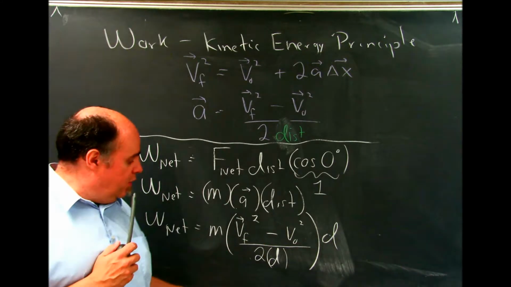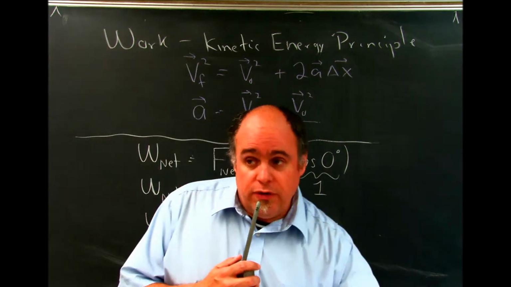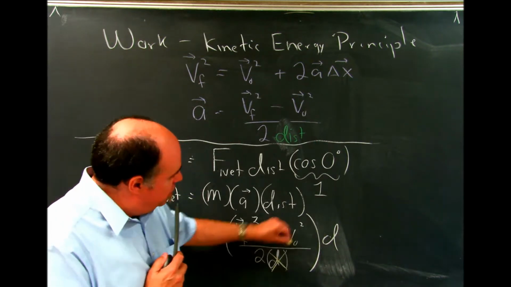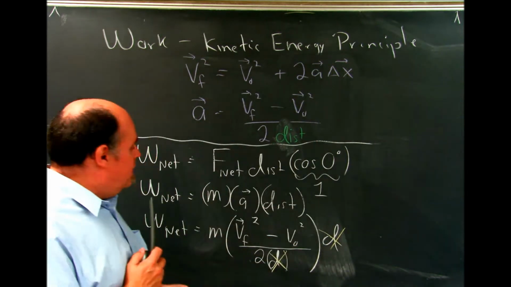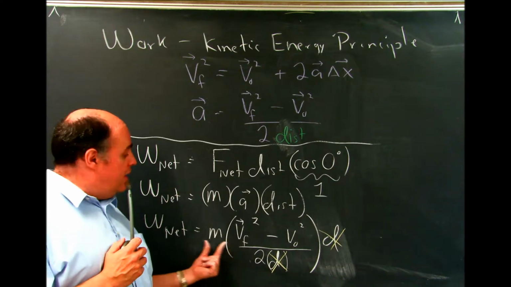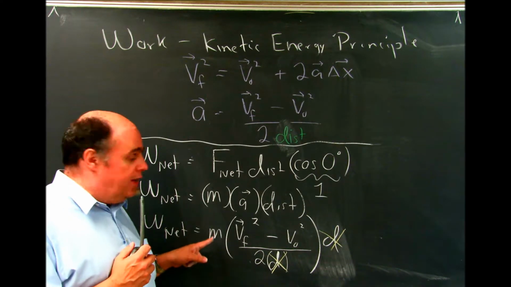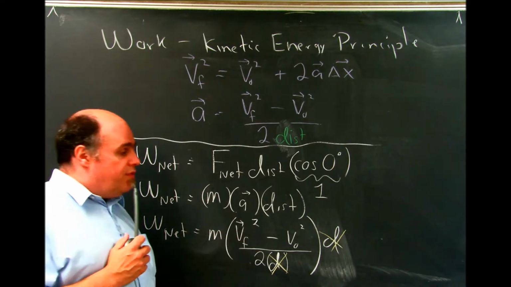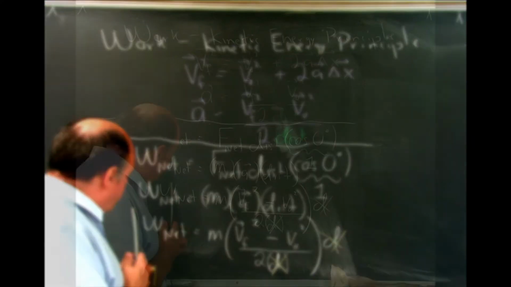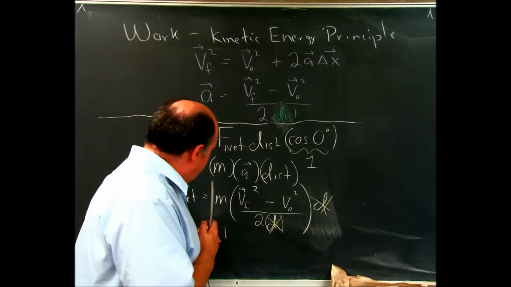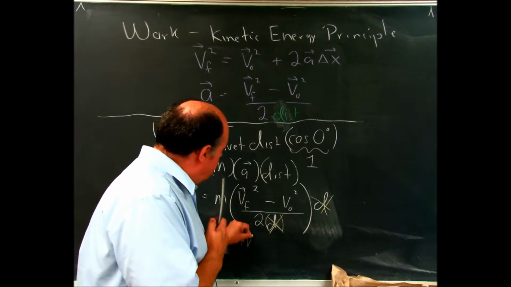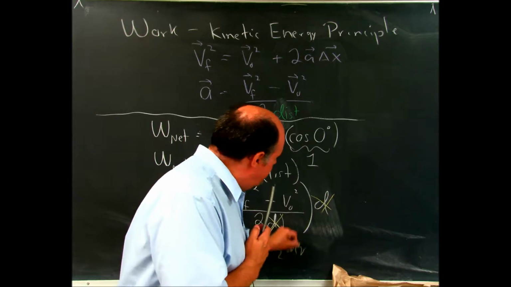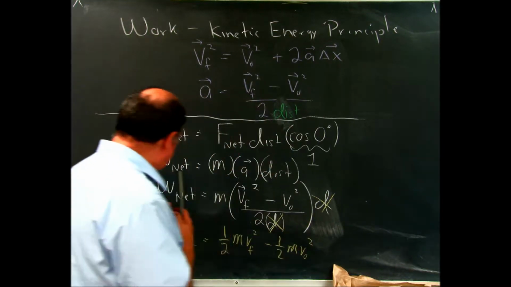As you can see here, hopefully, the distance cancels out. So we have a d in the numerator and a d in the denominator, so that distance will cancel out. If we use the distributive property and multiply the m in, and then separate it into 2 different fractions, what you'll see is the net work equals 1/2 m V final squared minus 1/2 m V initial squared.